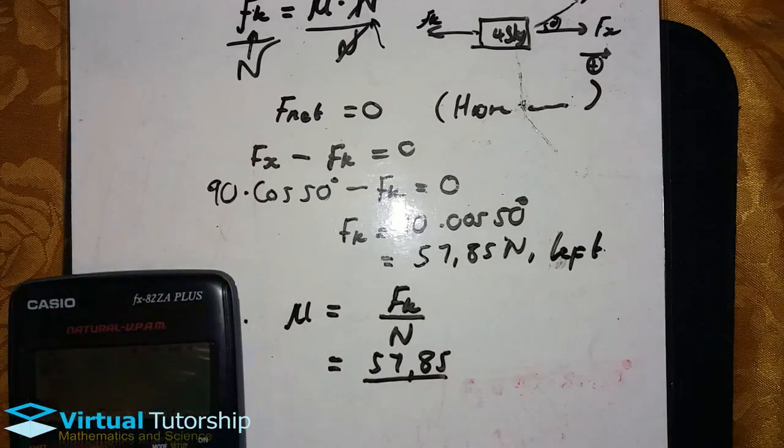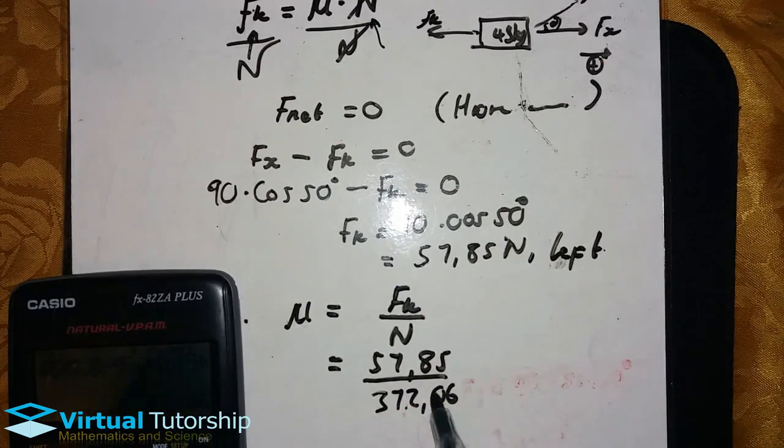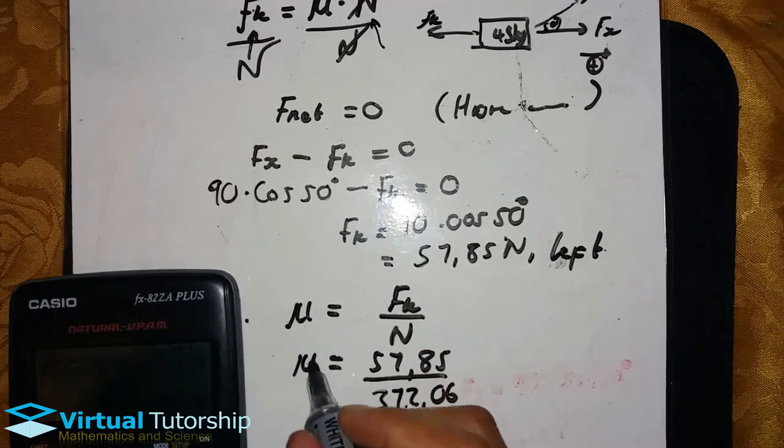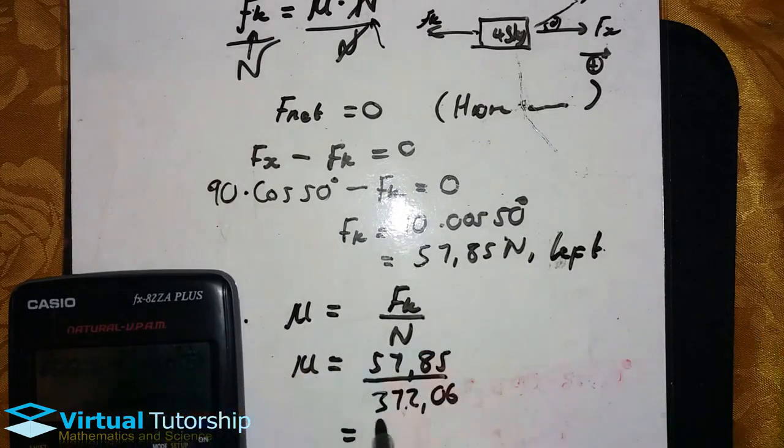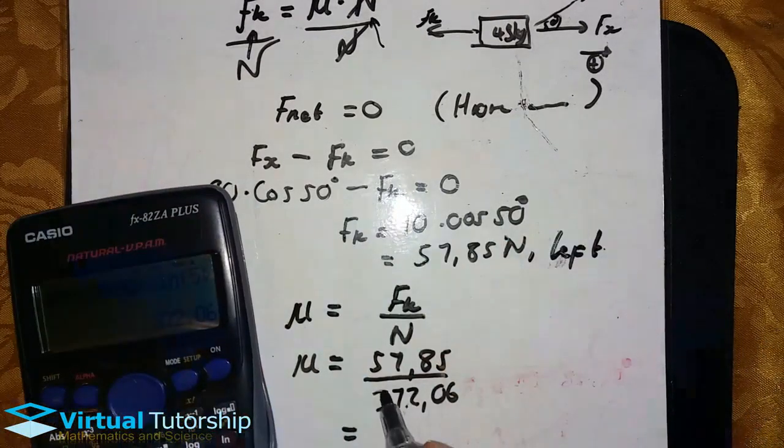anyway, the normal force is 45 times 9.8 minus 90 times sine 50, which is 372.06. So even if you pause this video and go back to check this value, this is the one I had to recalculate because I forgot this value.